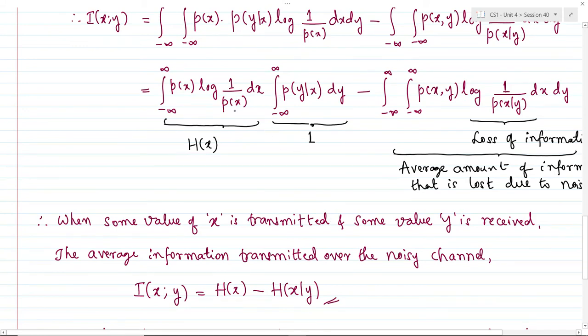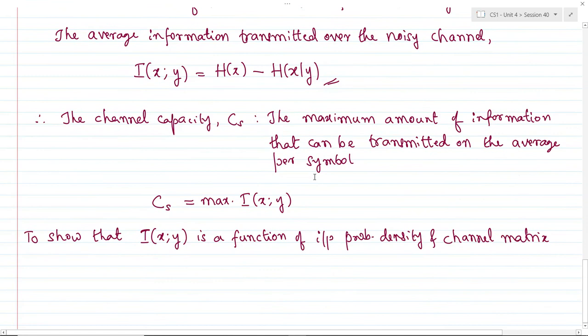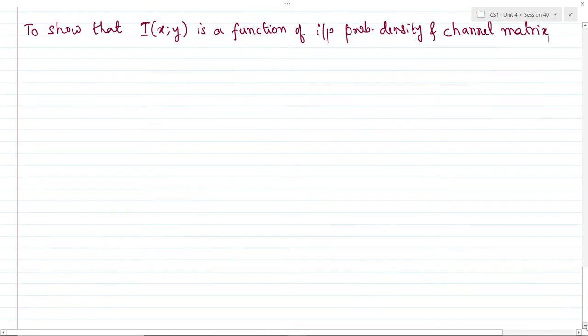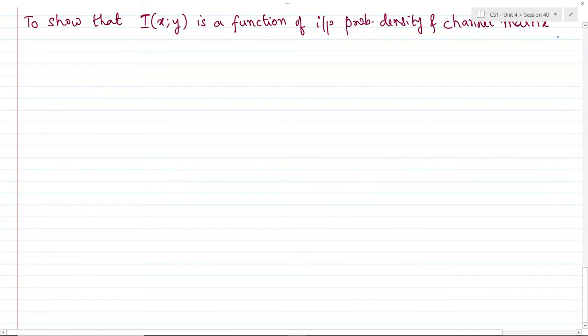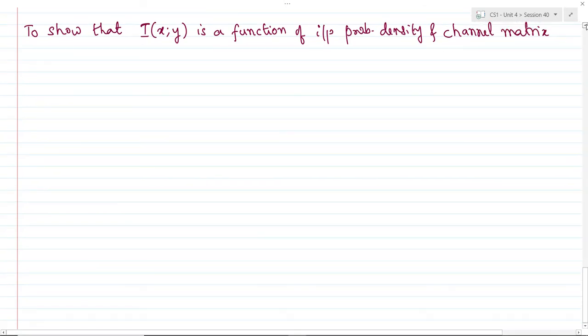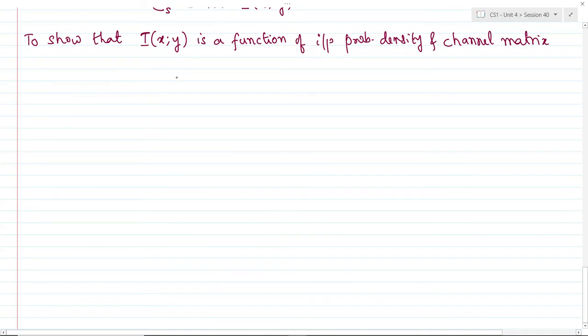It has got input probability density, it has got the a priori probability density, it also has got the posteriori probabilities as well. So in order to make the function just a variable with respect to input probability density and channel matrix, then we will be able to maximize this amount of information based on these two quantities.